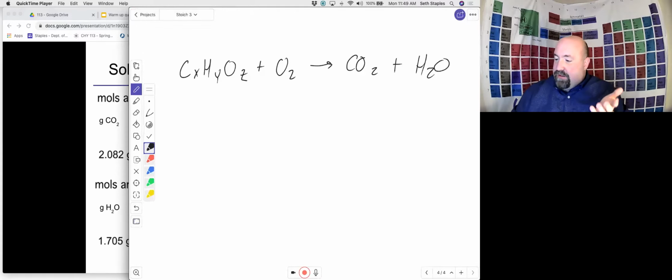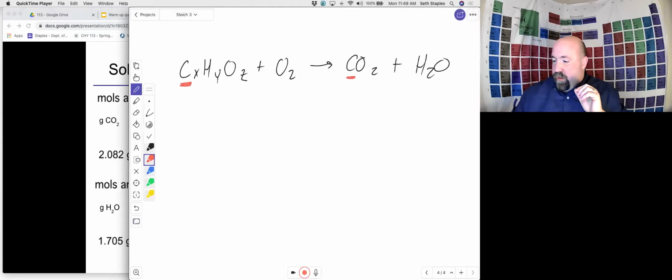What we have to recognize is that the carbon in the CO2, the only place that could have come from, the only possible source of that carbon, had to be the carbon in our initial hydrocarbon.